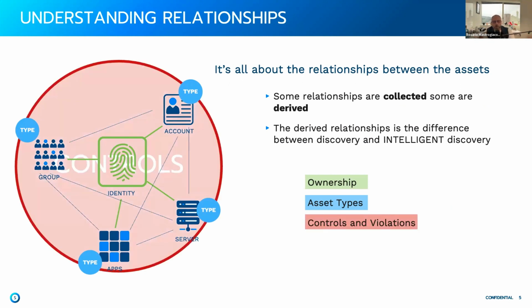And finally, overlaying all of this and using all of this data to then determine what is an actual issue, what is my quality versus the quantity, is controls and violations. And you really, with controls, you have to use all of this data, right? Because you could have a violation that incorporates ownership or account type or any one of those blue lines between an account and a group and a server and an application.